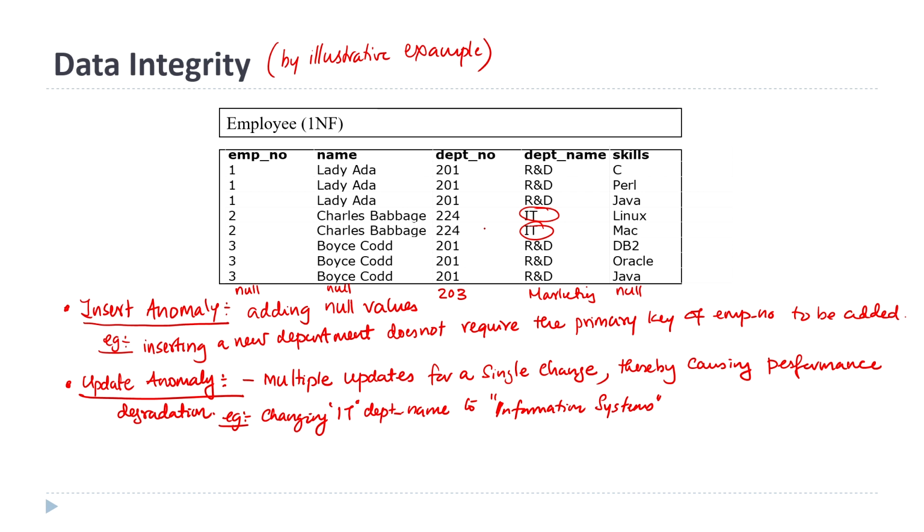If I change the department R&D to, I will say, innovative design or something like that, then 1, 2, 3, 4, 5, 6 rows I have to go there and type and make the changes.